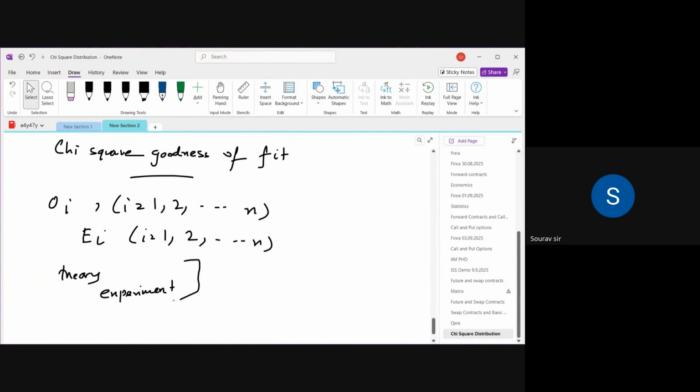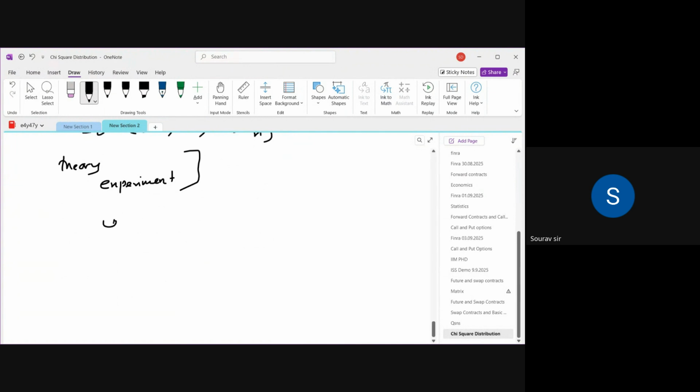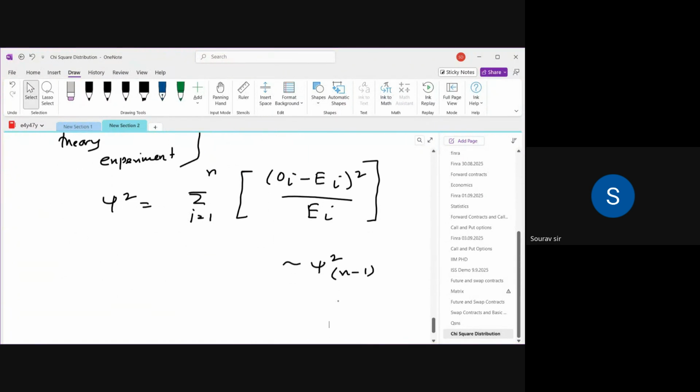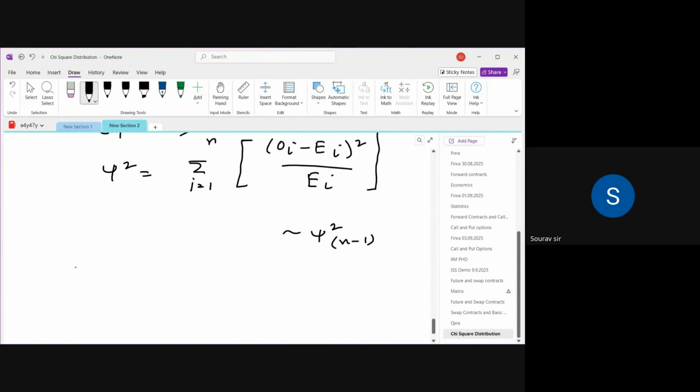Karl Pearson proved that the statistic, summation i equal to 1 to n of (Oi minus Ei) squared by Ei, follows chi-square with n minus 1 degrees of freedom. One degree of freedom is lost because of a linear constraint: summation of Oi equals summation of Ei, which is n, your total frequency.